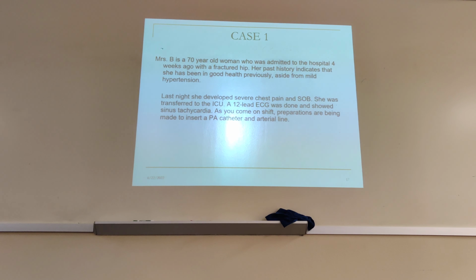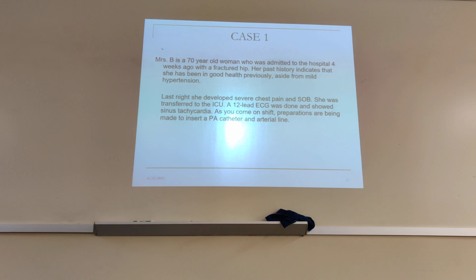Okay, so now we're going to do a calculation here. It says that Mrs. B is a 70-year-old woman who was admitted to the hospital 4 weeks ago with a fractured hip. Her past history indicates that she has been in good health previously, aside from mild hypertension.